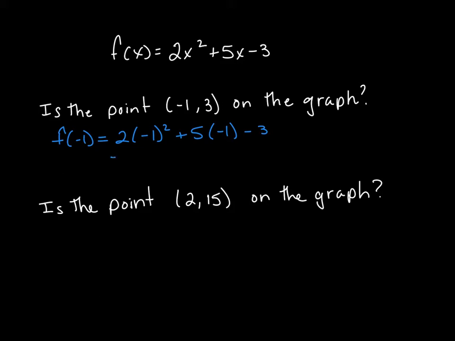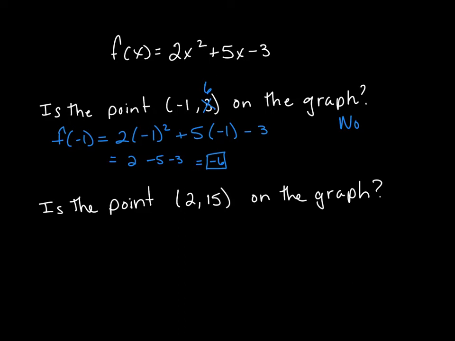Remember, square this first, so that would equal just 2 minus 5 minus 3, or negative 6. So what you see here is this is what the y value should be. So therefore, this is not on my function.